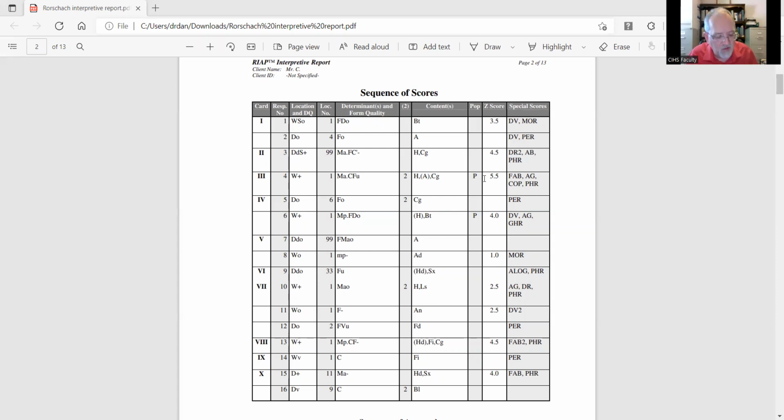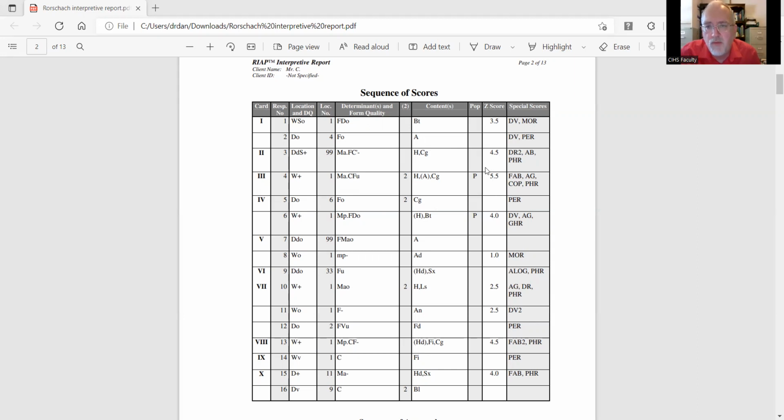A Z-score is the degree to which, basically it's a measure of the extent to which the person's score makes sense. There are certain responses that have higher Z-scores based on the research, and they don't all. Usually, there are some of the more popular responses.